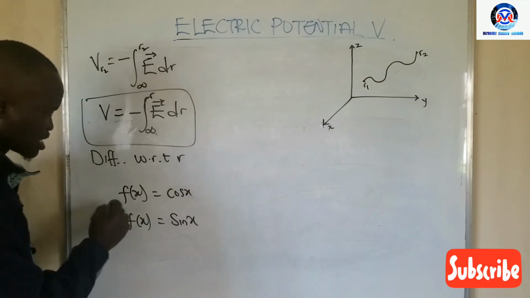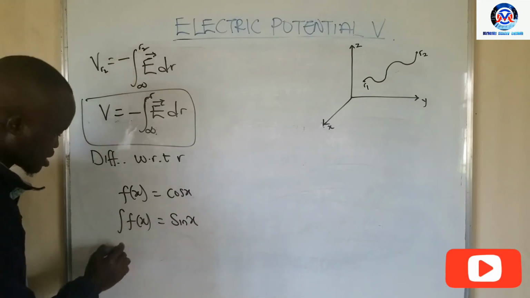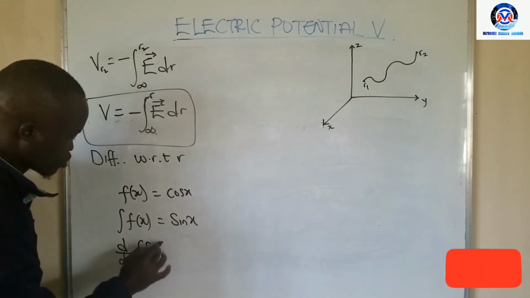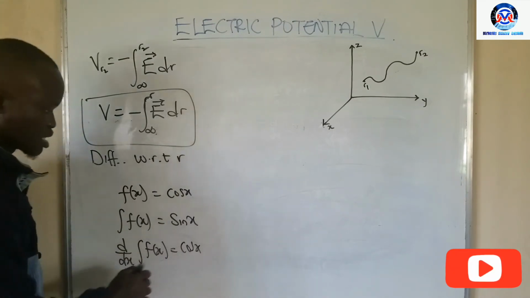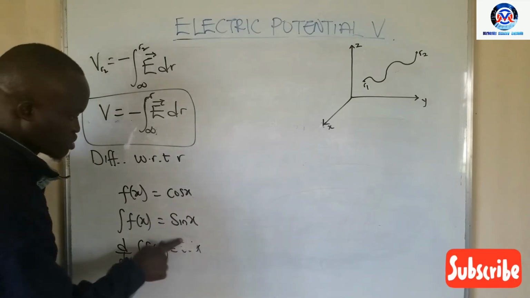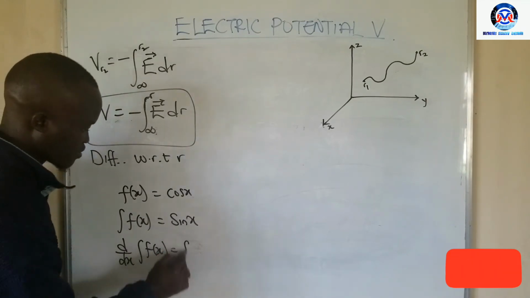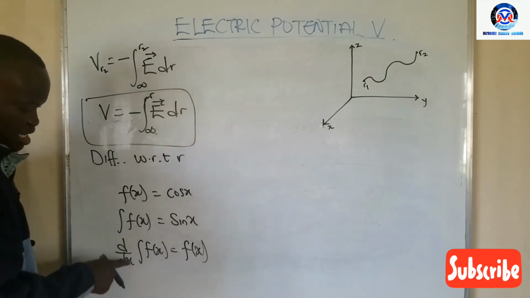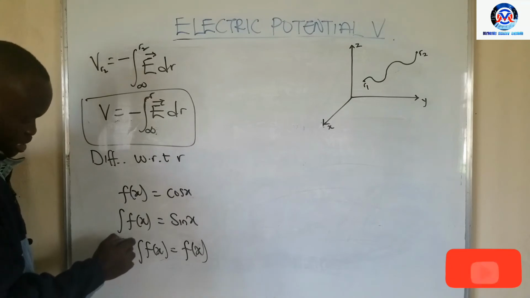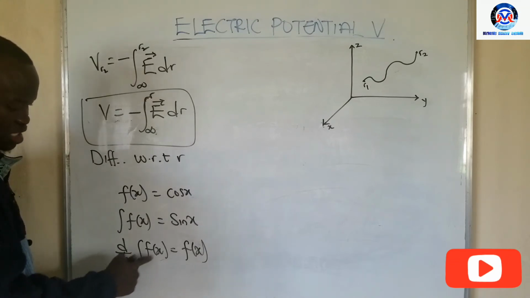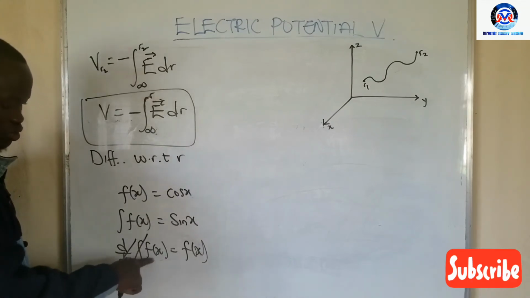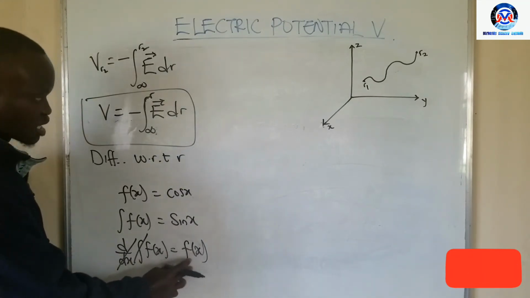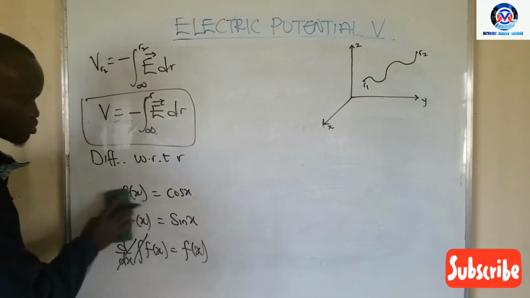So when I differentiate with respect to x, I'm going to have cos x, and cos x is f of x. This simply means that d dx is the inverse of this integral. Taking the differentiation of this integral, we cancel this, and we are left with f of x.